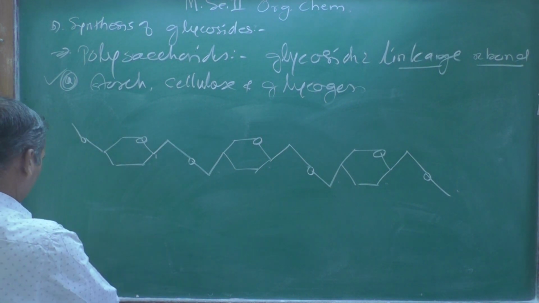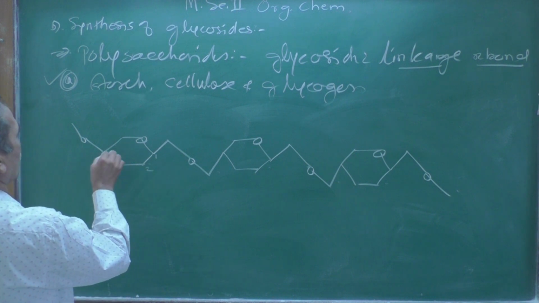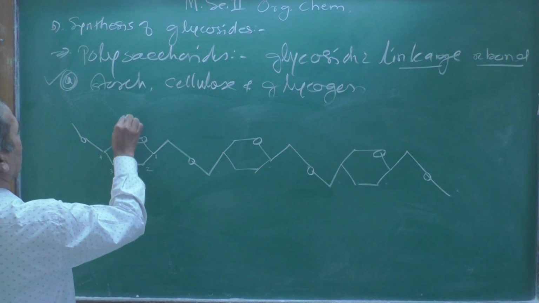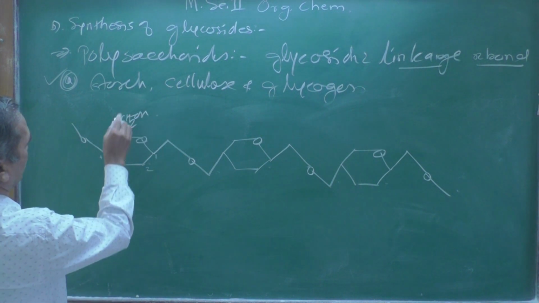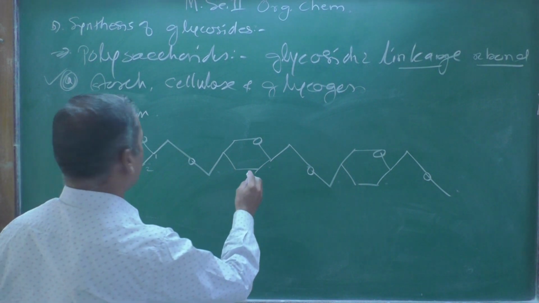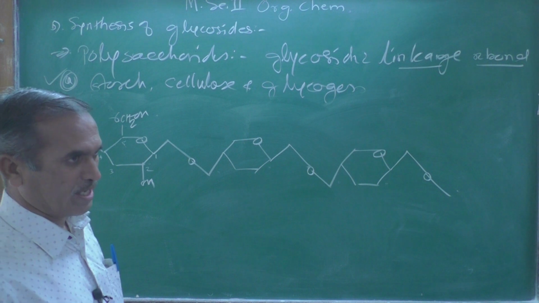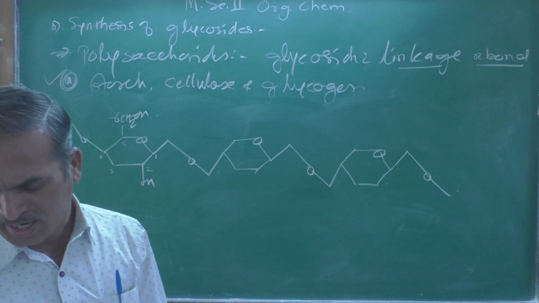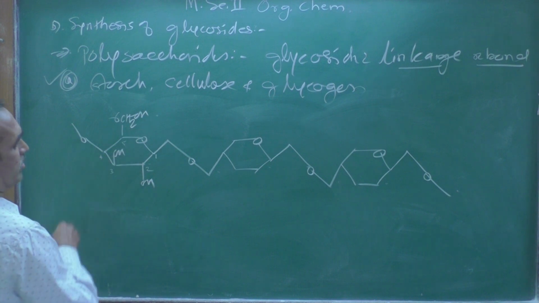It will be 1, then 2, 3, 4, 5, and here CH2OH is 6. Again 1, 2, 3, 4, 5, and this will be 6. Same here, the hydroxy group, as you know D-glucose has this structure. This one hydroxy group is over here.